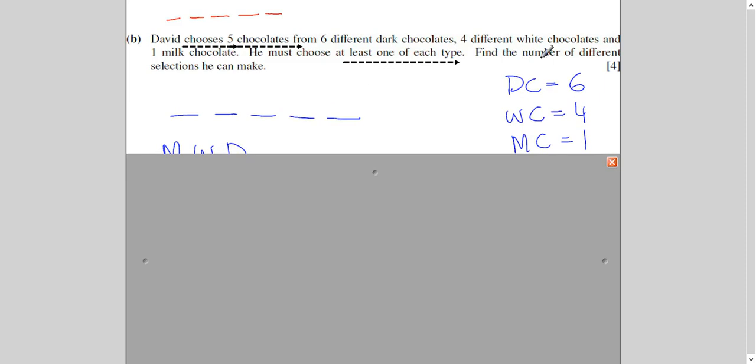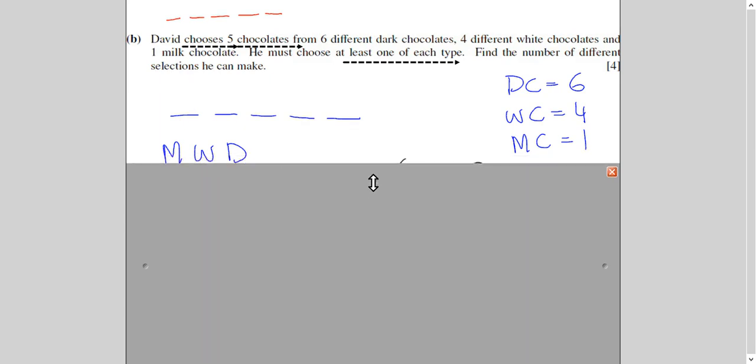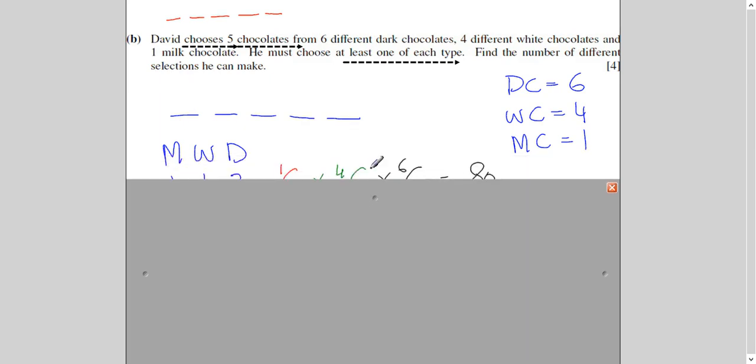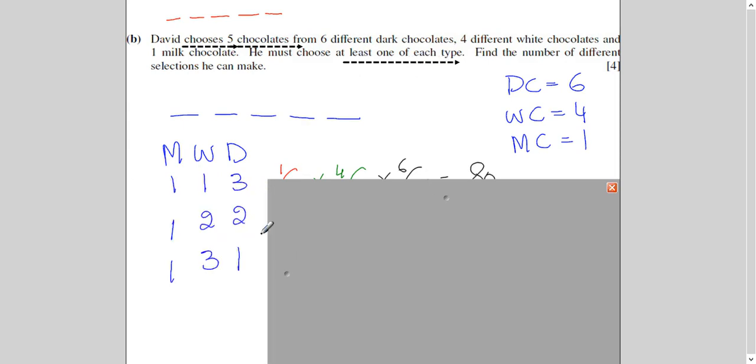And we want to know the number of different selections, okay? So the possibility is, and a very important condition is, at least one of each type he should have. So the cases here are, he takes 1 milk, 1 white, and 3 dark, because he has to complete 5.